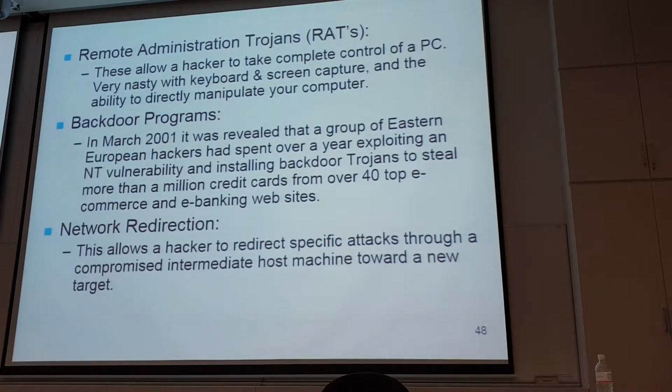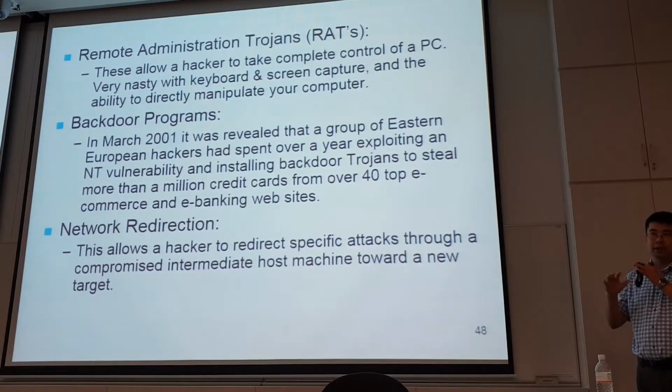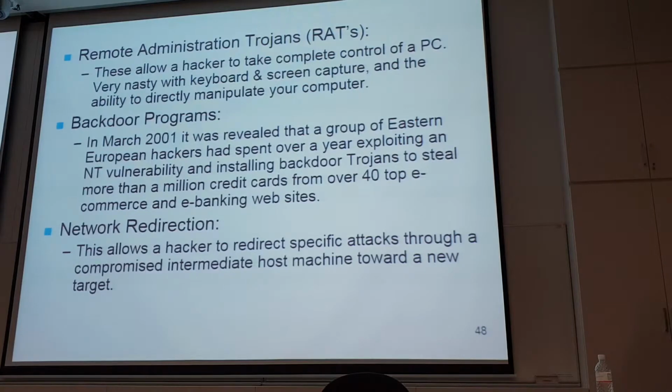The Trojan horse may also plant some backdoor inside your program, and it can also do network redirection and so on. So essentially, if the Trojan horse is within your system, then it can assist many other attacks. It can be used as a point the attacker can use to launch other attacks.